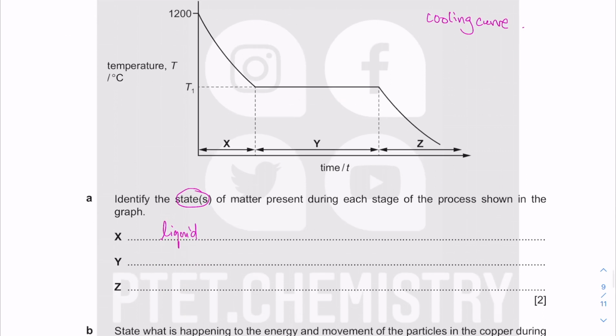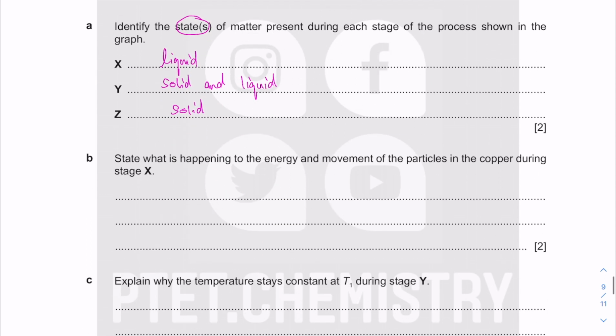And here you have both the solid and liquid copper as the freezing process starts to happen. And here, when no more liquid is present, you just have solid entirely. So here you state, you don't need to explain.